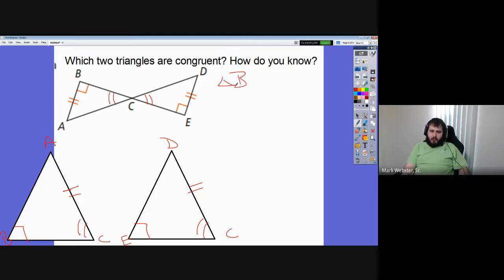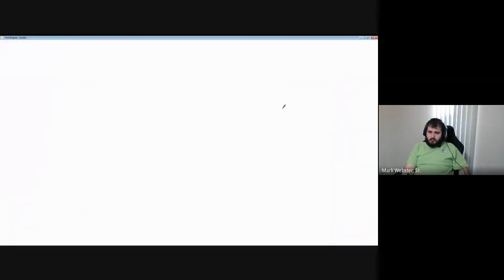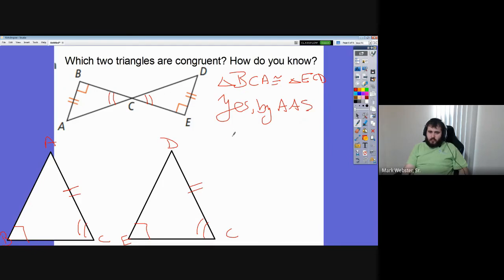So here it's like, okay, well, right? It's not going to necessarily be so that we're going to use hypotenuse leg for every one of these, because some of you are going to be like, oh, right angle, we better use hypotenuse leg.